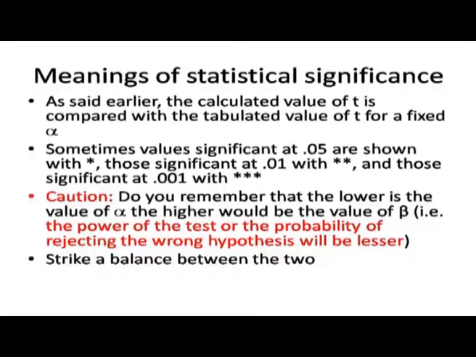I said that alpha is conventionally fixed at 0.05 or 0.01 or 0.001. So, values significant at 0.05 are shown with a star, those significant at 0.01 with a double star and those significant at 0.001 with a triple star.